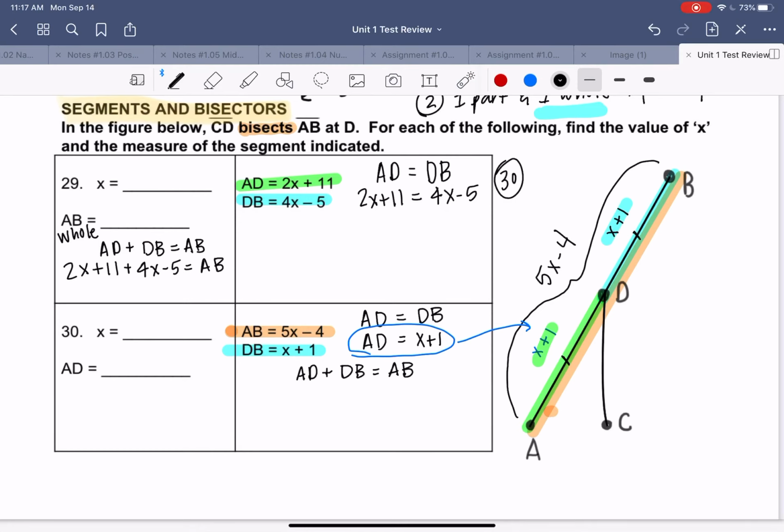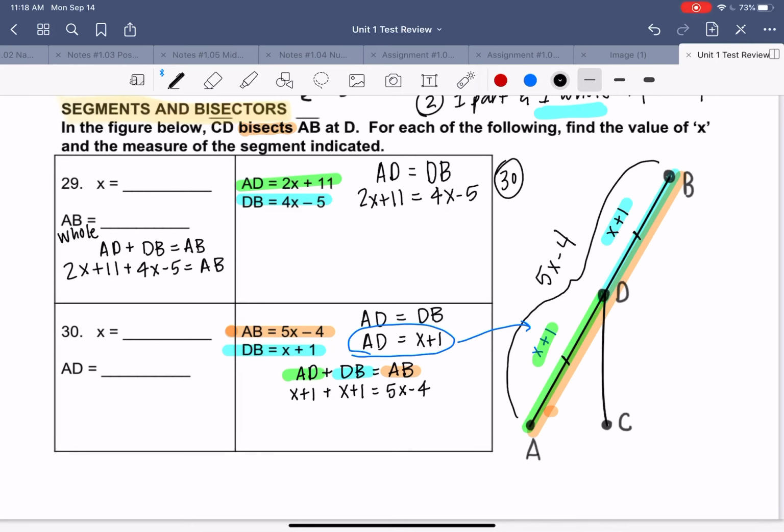Okay, so our AD, which we are now able to label x plus 1, so we're going to plug in x plus 1, plus our DB, which is x plus 1, equals our AB, which is 5x minus 4.